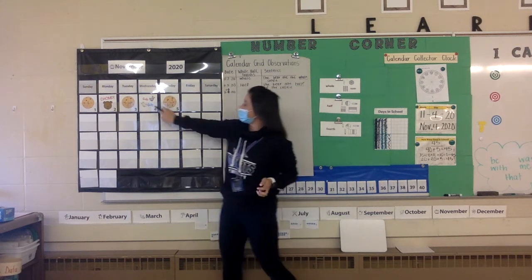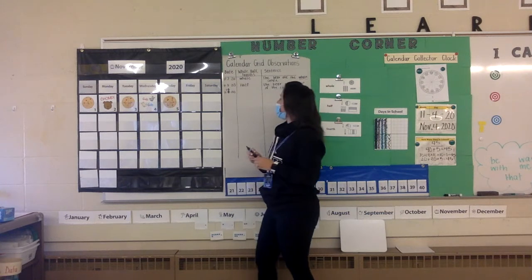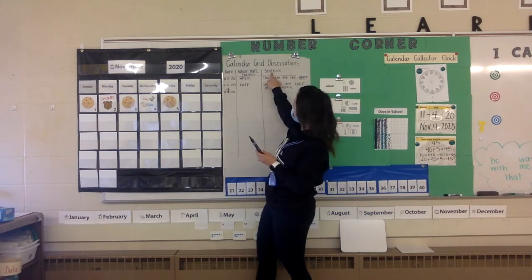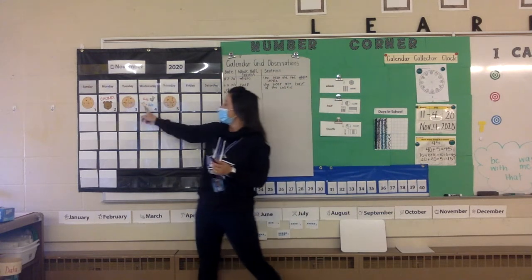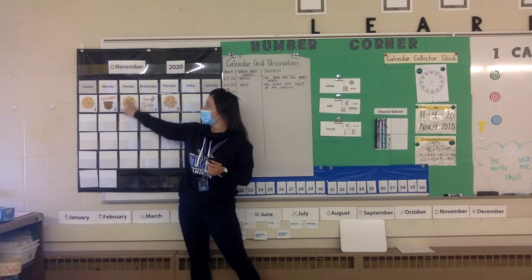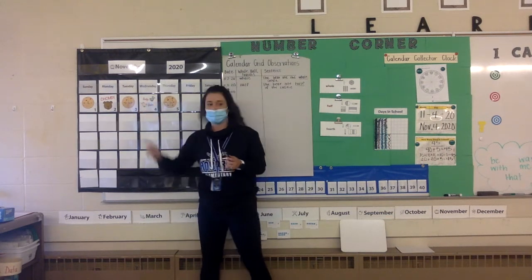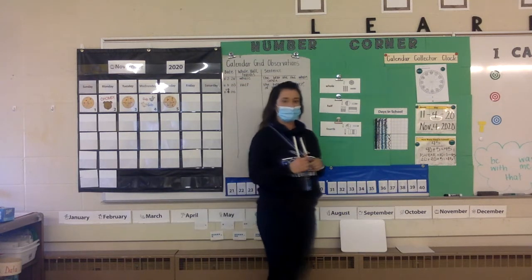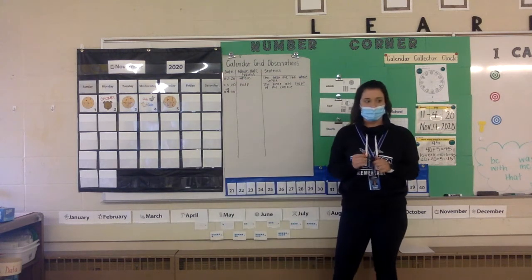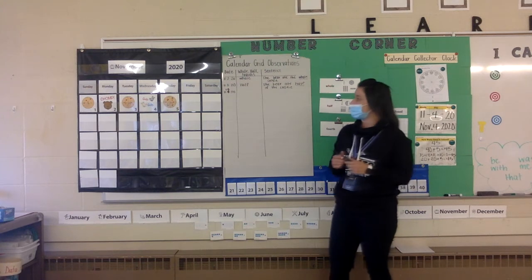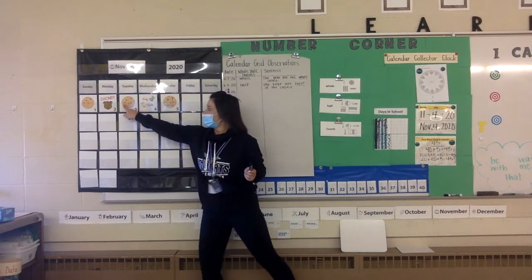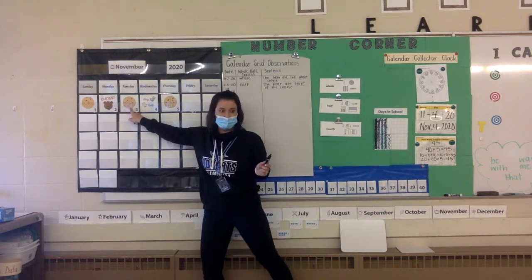I want you to take a look at the gulp, gulp, and come up with a sentence or a story problem that explains this cookie or half a cookie. Why do you think it says gulp, gulp 2 times? Camden. Because 2 dogs ate it. Because 2 dogs gulped up a half, right?